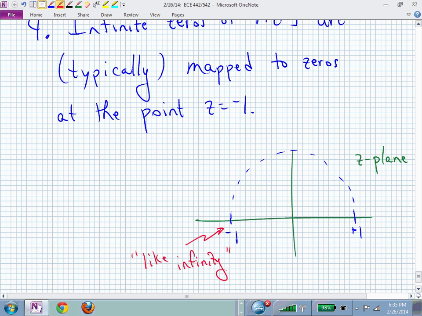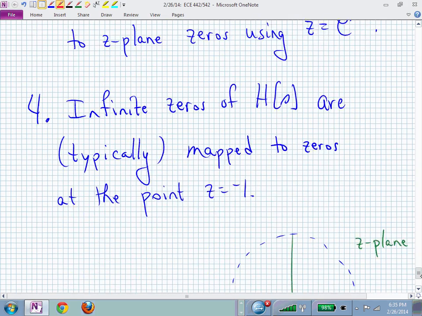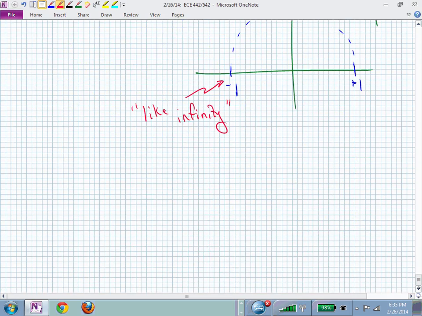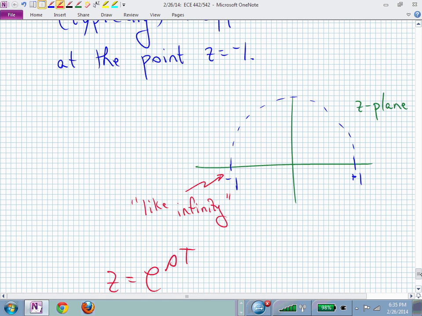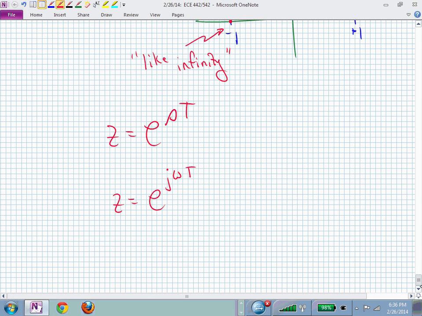So now, I'm not sure I'm quite appreciating your question, but if you think about z is equal to e to the sT, and now if you say, I'm looking at the frequency response, so I'm now looking at s equal to j omega, and now the furthest you can get without wrapping back on yourself is right there at that point, minus 1.